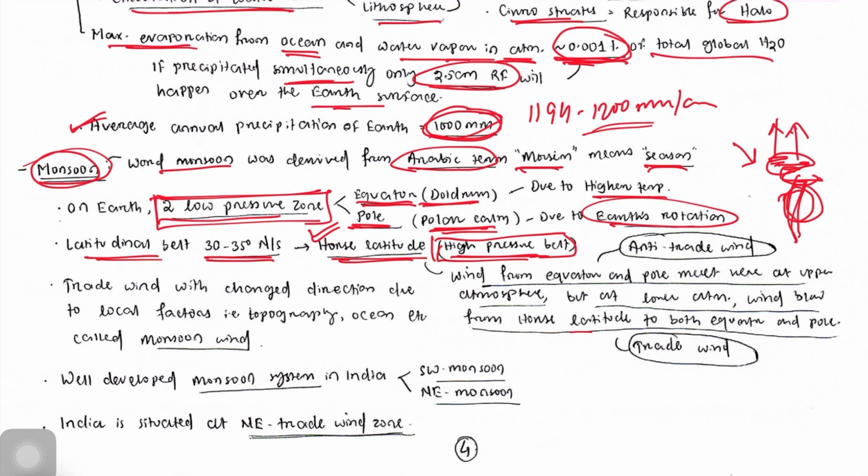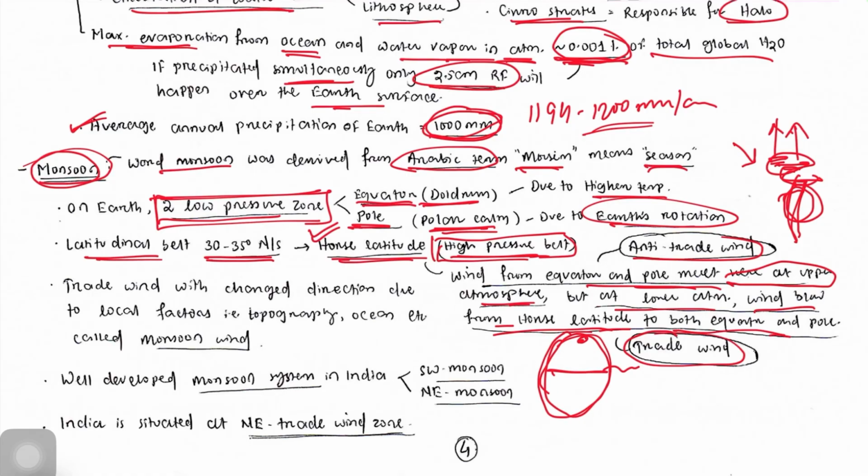Always remember, wind blows from high pressure area to low pressure area, right? Wind from equator and pole meets in horse latitude in the upper atmosphere, that is anti-trade wind, but in the lower atmosphere wind blows from horse latitude to both equator and pole, that is called trade wind. If you see the globe, here is a low pressure belt at the equator, here at the pole also a low pressure belt, and this is 30 to 35 degrees north and this is 30 to 35 degrees south, called horse latitude, where there is a high pressure belt.